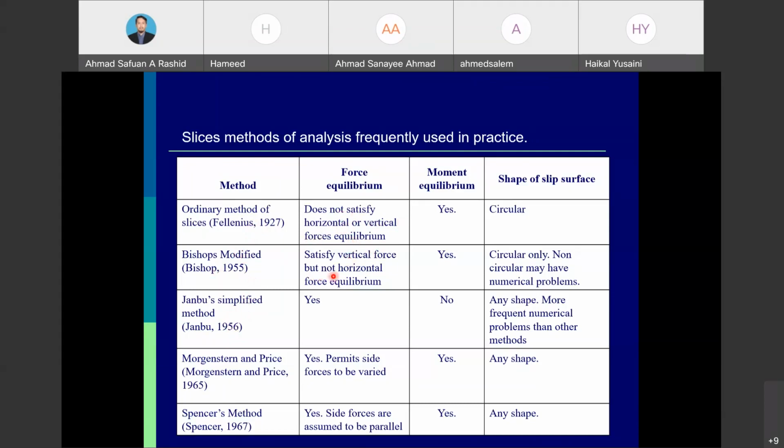Bishop satisfies vertical force but not horizontal force equilibrium. Janbu has satisfied all, Morgenstern and Price also, and also the Spencer. Moment equilibrium: yes, yes, no, yes, yes. Shape of slip surface: for the ordinary method it is suitable for circular, but for non-circular it is not suitable to be used. Then it has been improved until any shape can be used to carry out the analysis.